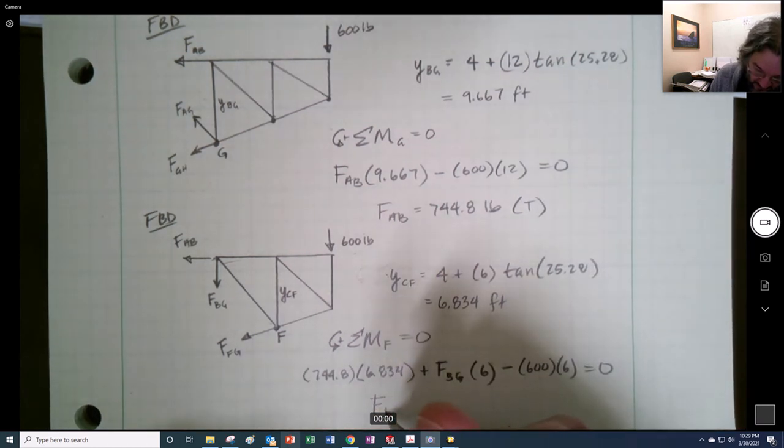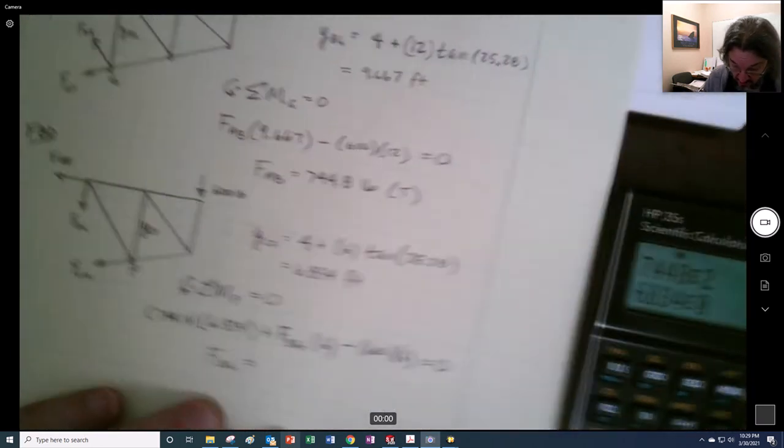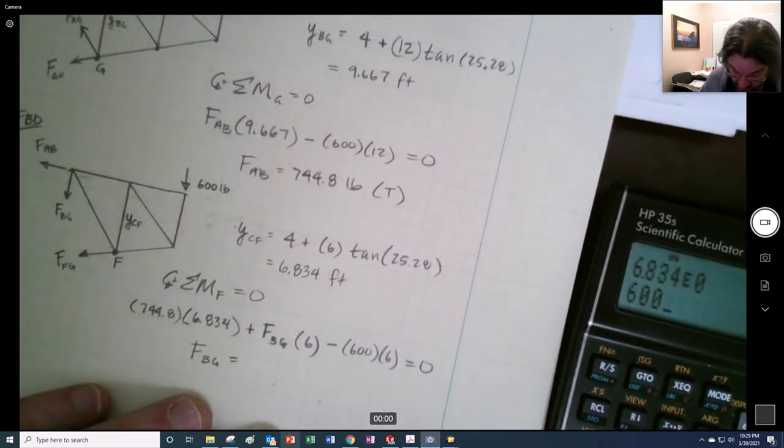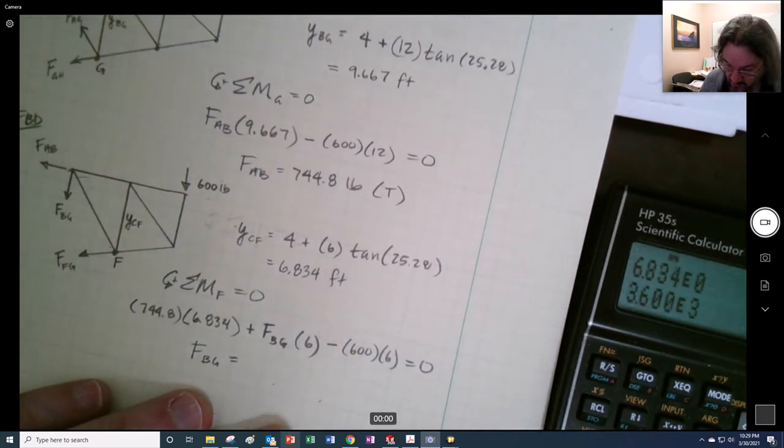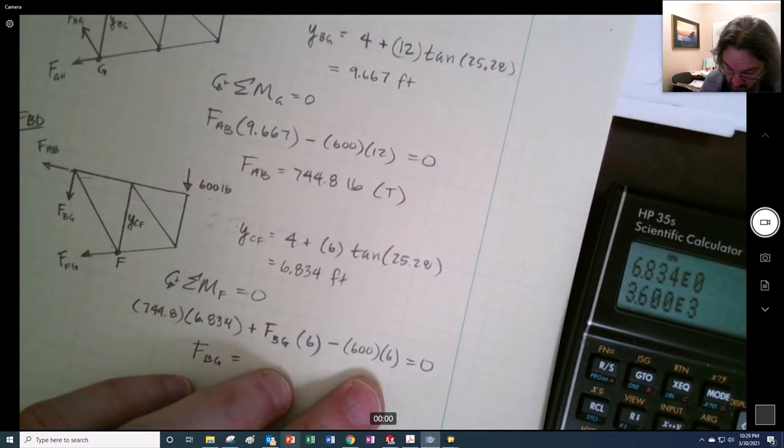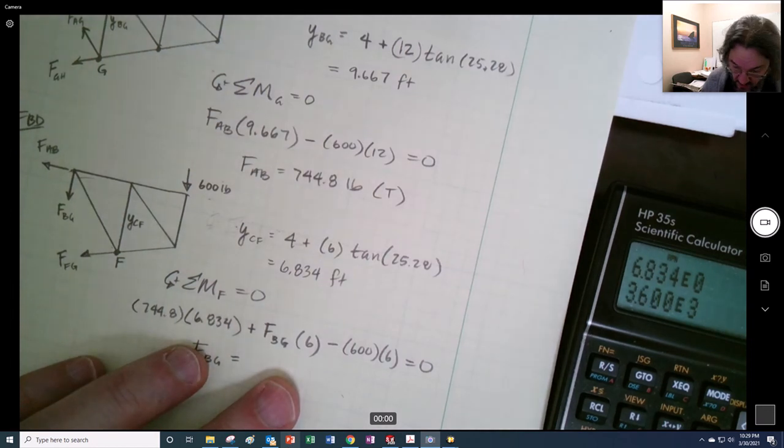So in FBG, let's try this out here. Okay, so 600 times 6, that's 3,600, and then we're going to take 744.8 and multiply that by 6.834.